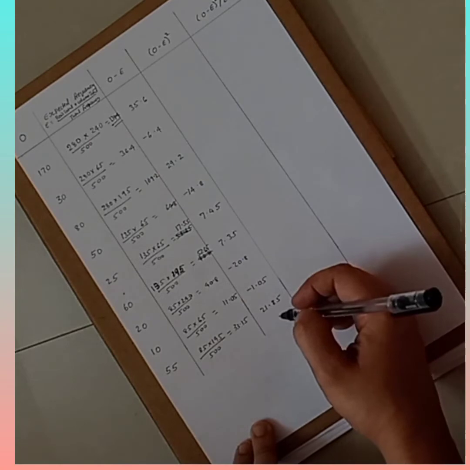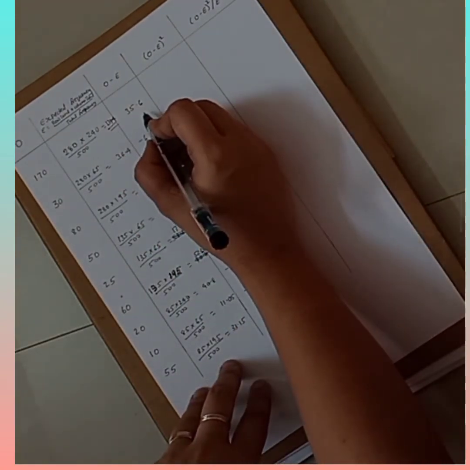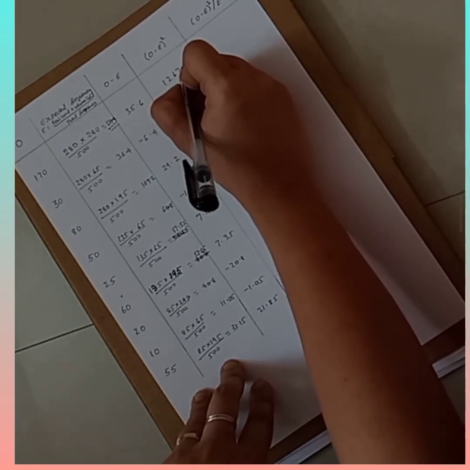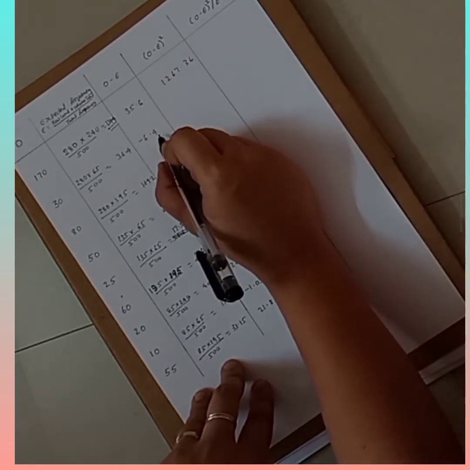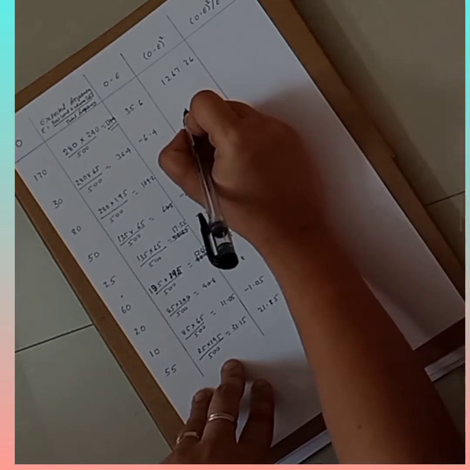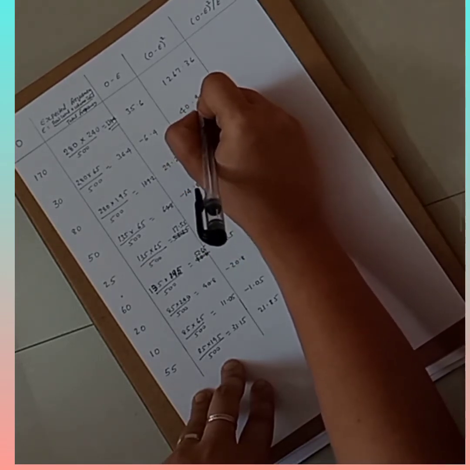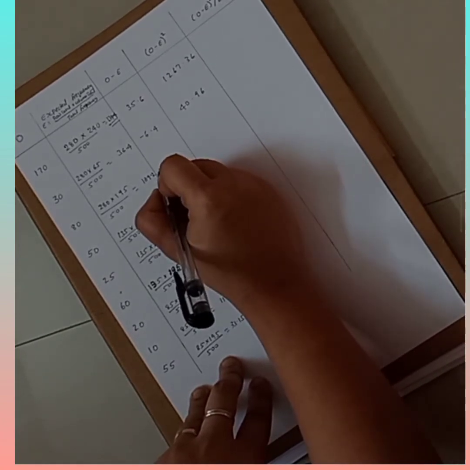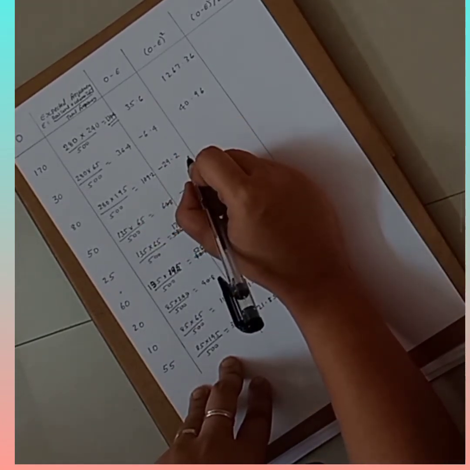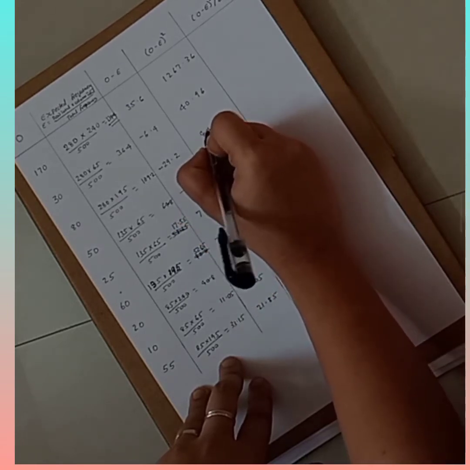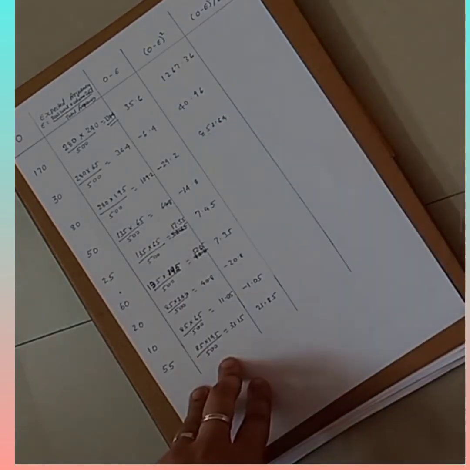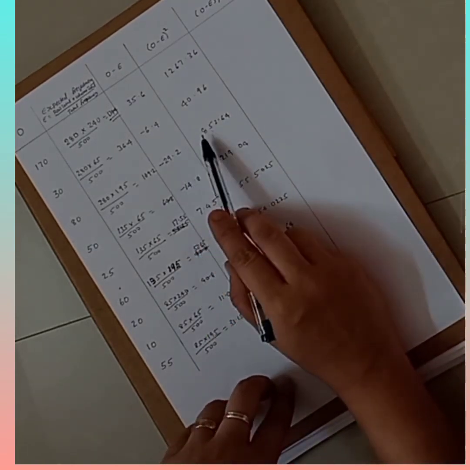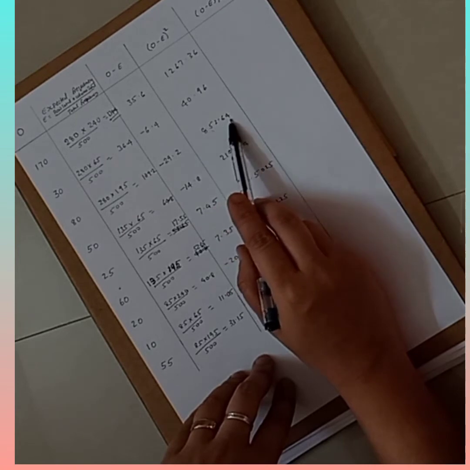Now you need to square these values. 35.6 squared will give you 1267.36. Minus 6.4 the whole square will give you 40.96. Minus 29.2 the whole square is equal to 852.64.